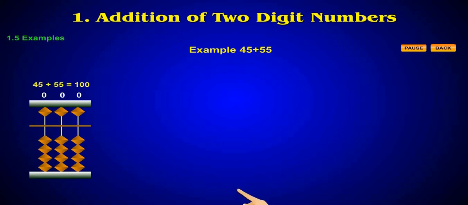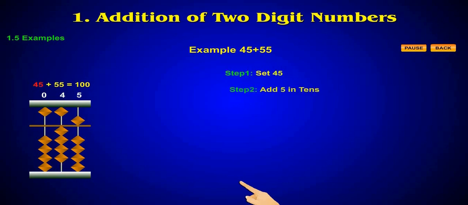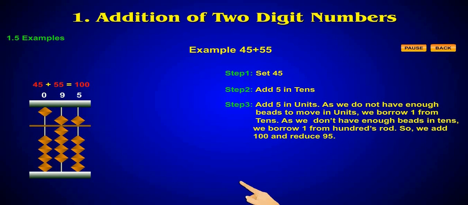Example: 45 plus 55. Step 1. Set 45. Step 2. Add 5 in tens. Step 3. Add 5 in units.